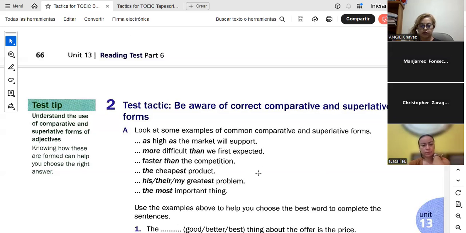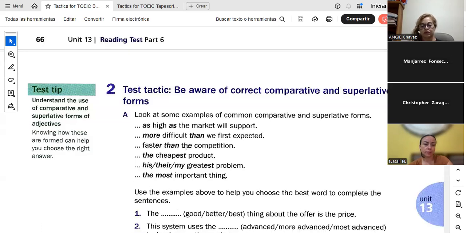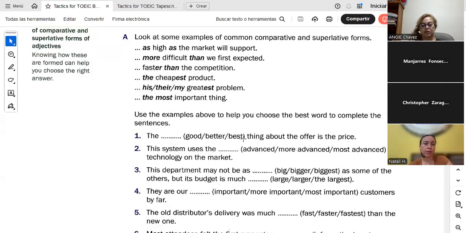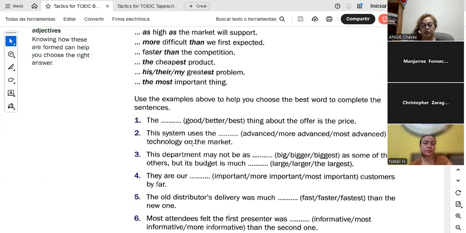We can also use modifiers before the comparative, especially before more or faster: much more difficult, a lot more difficult, or a bit faster than the competition, no? So this is a modifier modifying a comparative, and this is also quite common in TOEIC.